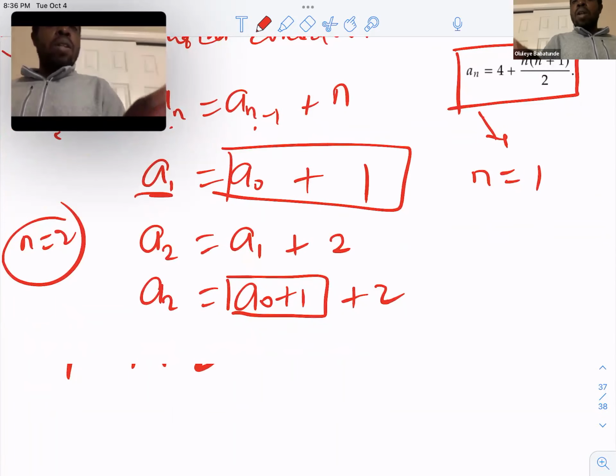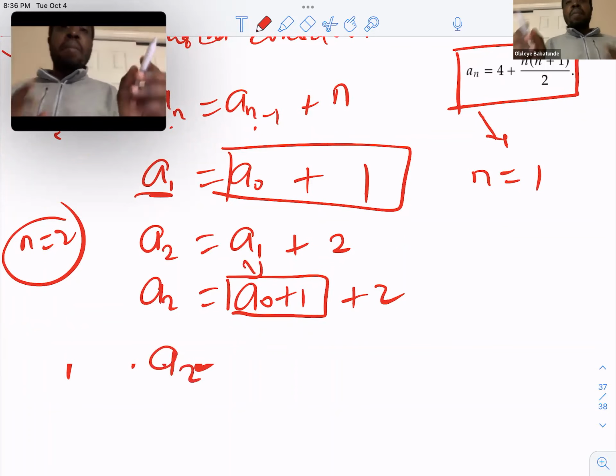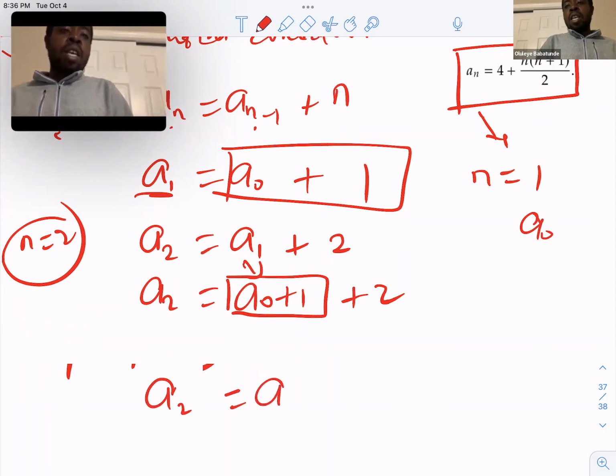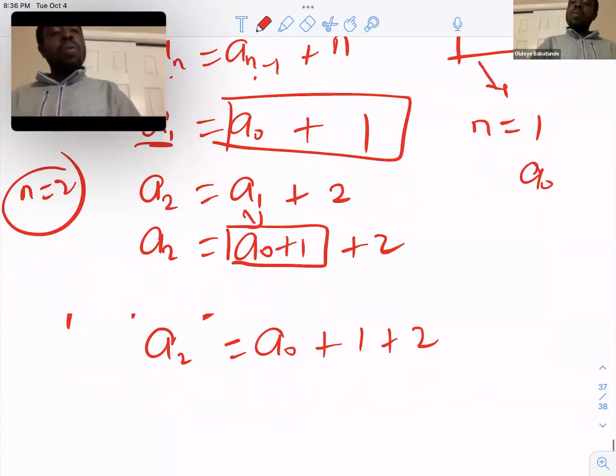Because this is my a_1, see? So that means I can define my a_2 in terms of a_0. a_0 is the original initial value. So my a_2 can be defined as a_0 plus 1 plus 2.